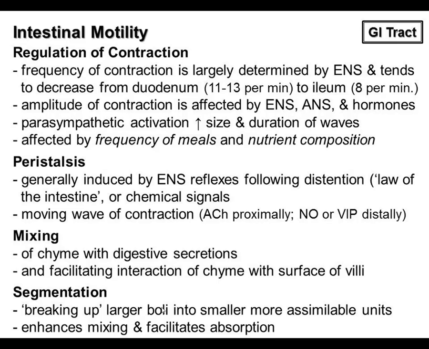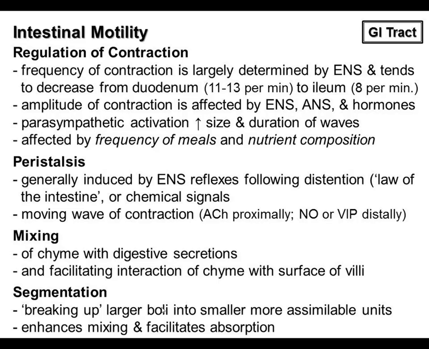The regulation of the contraction is regulated by the enteric nerve plexus, and the amplitude can be affected by both the enteric nerve plexus and the autonomic nervous system. Also hormones. Parasympathetic activation will increase the waves, increase the size, increase the duration. Remember, the parasympathetic stimulation enhances the GI motility. The sympathetic innervation deals with what we call the fight or flight.